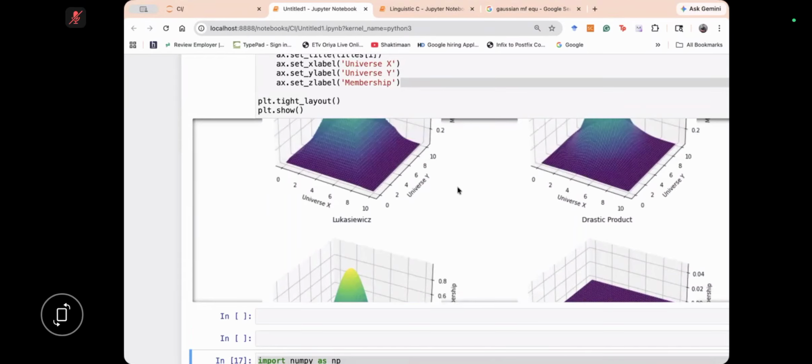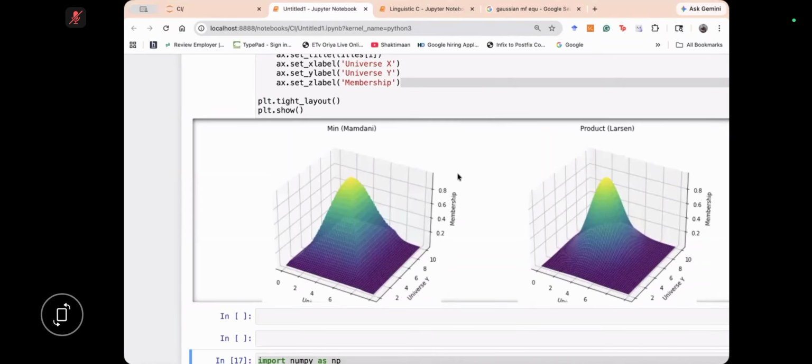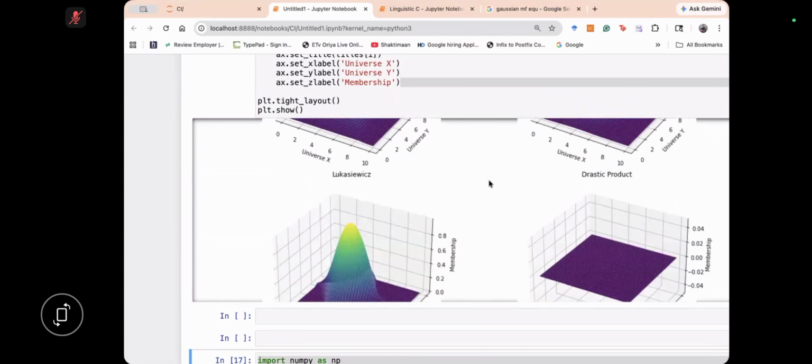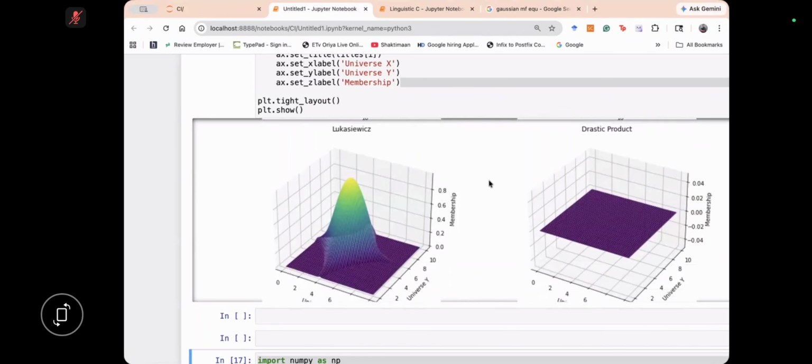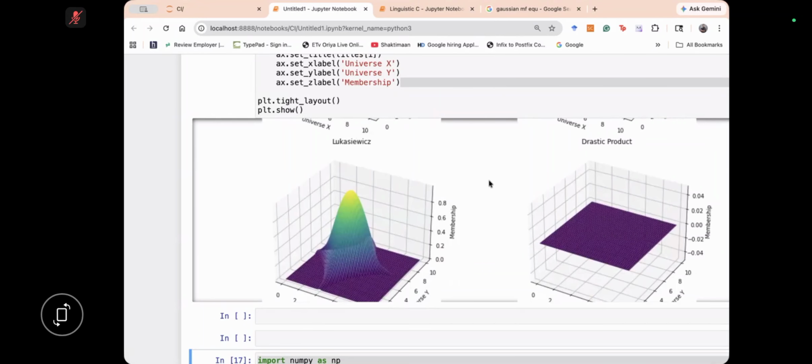But the names are given differently, because these equations were defined by different scientists. Minimum is defined by Mamdani. Product or algebraic product is defined by Larsen, and your bounded product is defined by Lukasiewicz, and the drastic product is not mentioned as defined by whom.